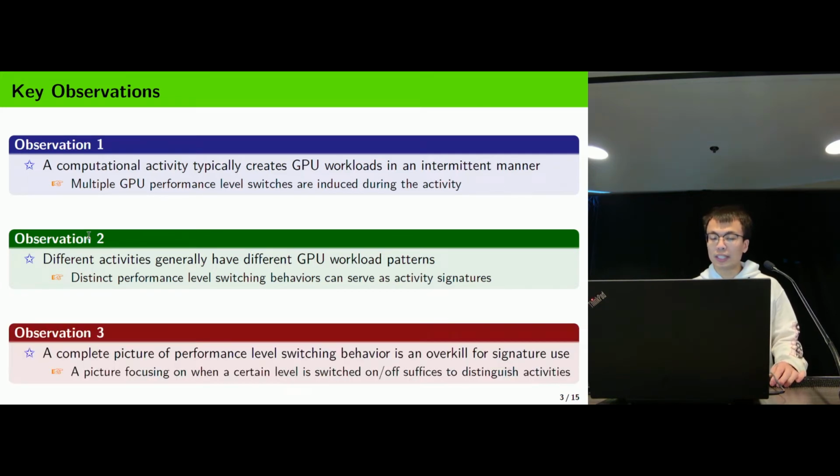More interestingly, we find that we don't even need to know the full picture of the performance level switching behavior to infer the activity. An attacker only needs to focus on a certain level to see whether it's switched on and off to know the information.